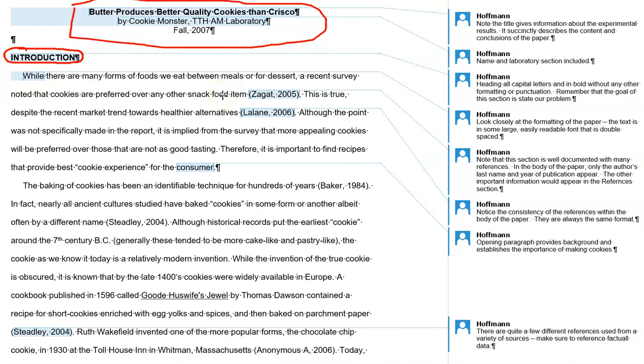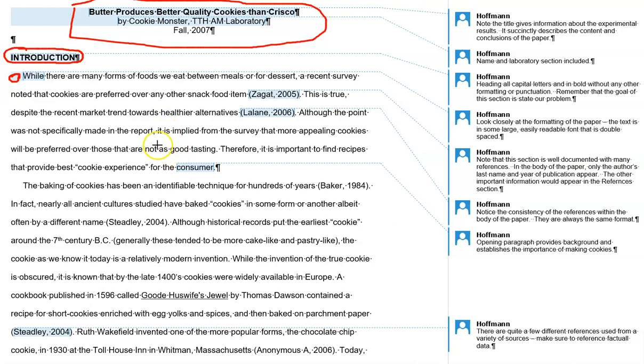When you look at the format in general, it's left justified. You don't have to make it the same all the way across, because that screws up the spacing. The paragraphs are clearly shown by the indent. It's double spaced, it's a normal font, normal size, things like that.